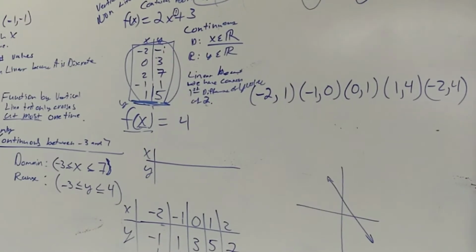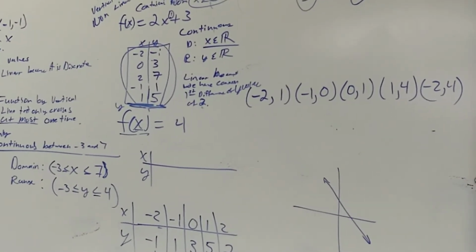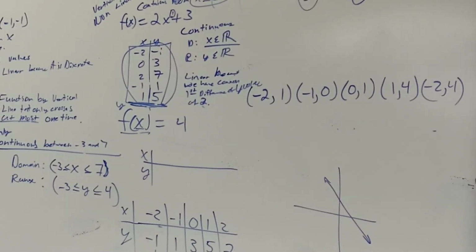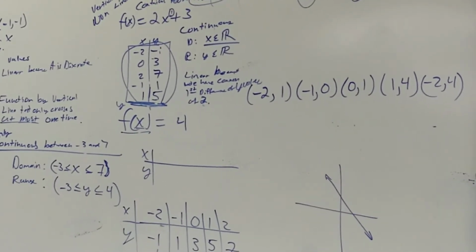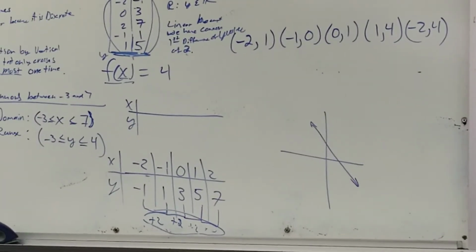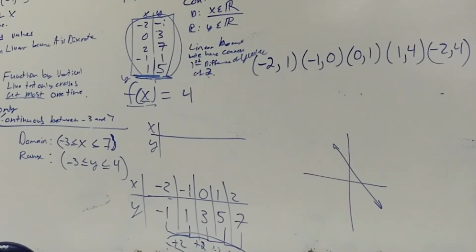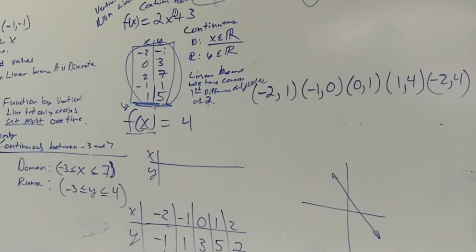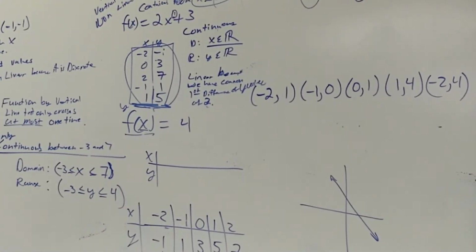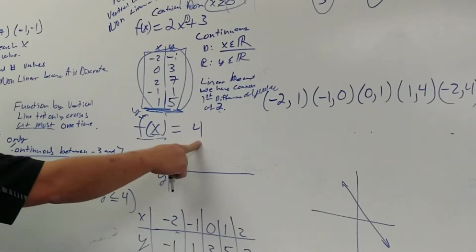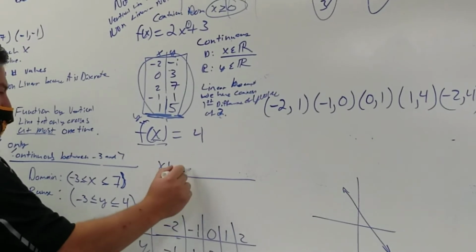No. So when I plug in values of x, is it going to change the value of y? No, because remember, f of x is y. So y is always going to be what? 4.